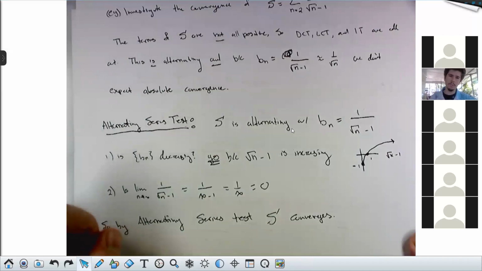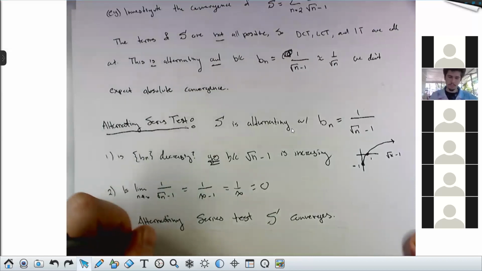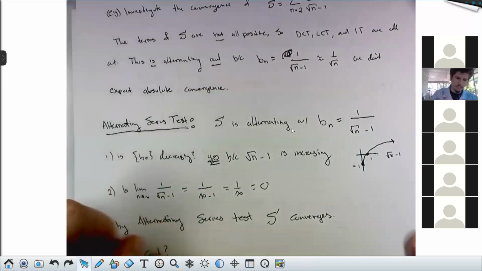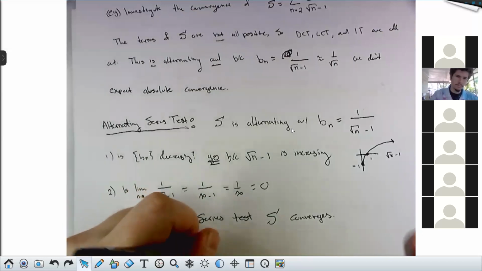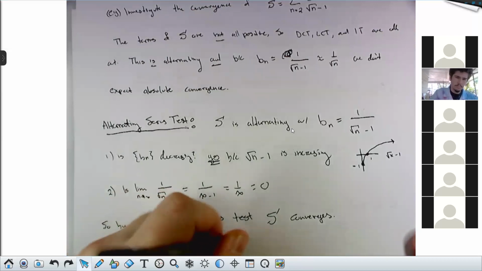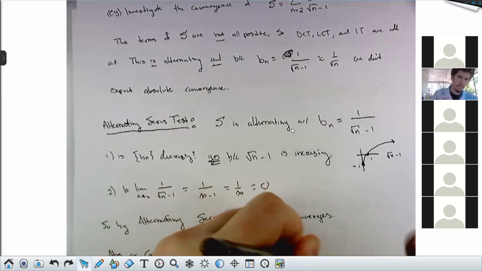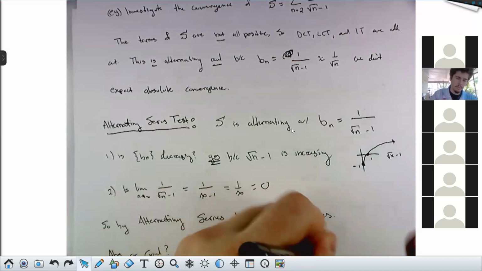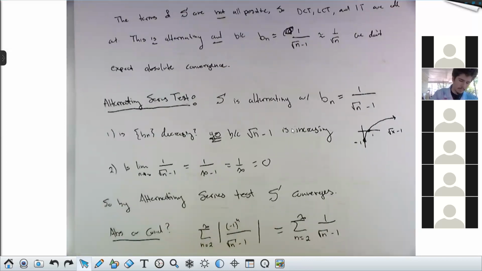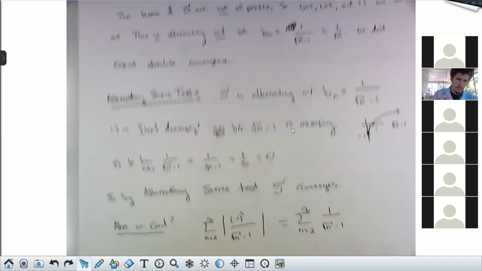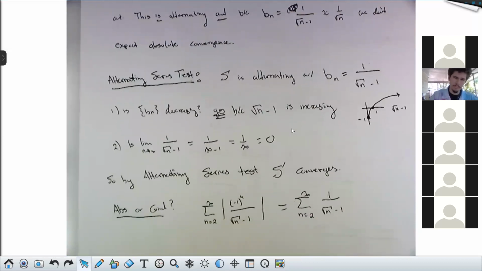If you wanted to ask, is this absolute or conditional, you could look at the series sigma n from 2 to infinity of the absolute value of (-1)^n over root n minus 1, which is just that, because root n minus 1 is positive as long as n is strictly larger than 1.